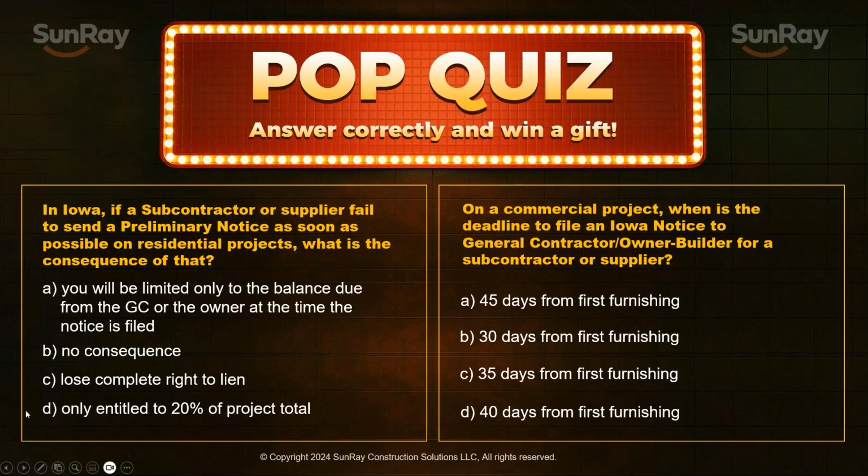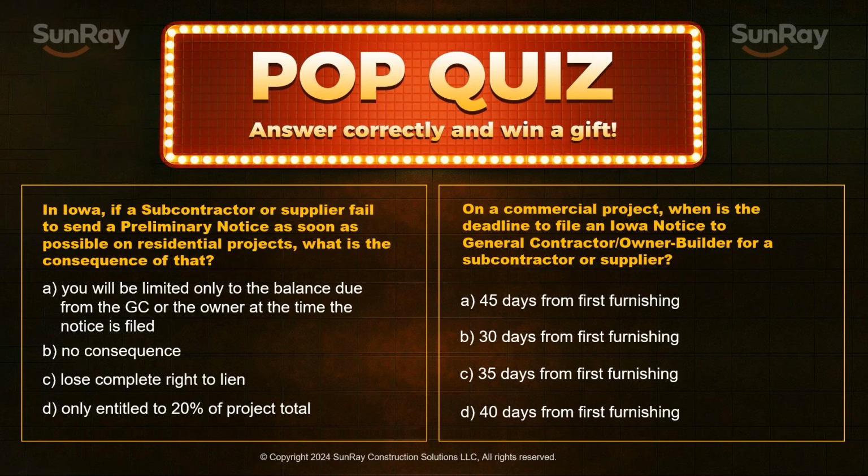All right, so we are going to test a little bit of your knowledge. Let's see if you guys can answer correctly. So we have a little bit of a pop quiz. If you're able to answer correctly and put it into our chat, we will send out a little gift for you guys. So the first question, in Iowa, if a subcontractor or supplier fails to send a preliminary notice as soon as possible on residential projects, what is the consequence for that?